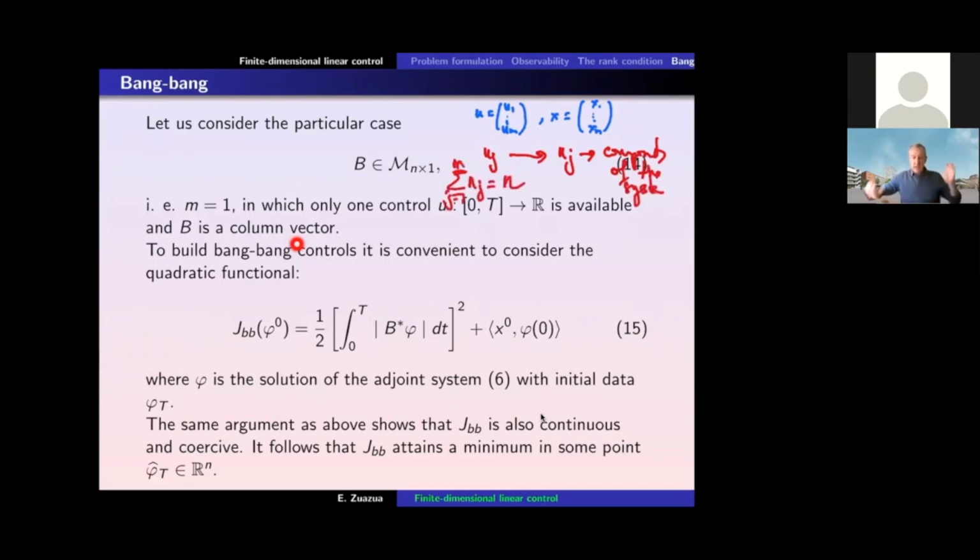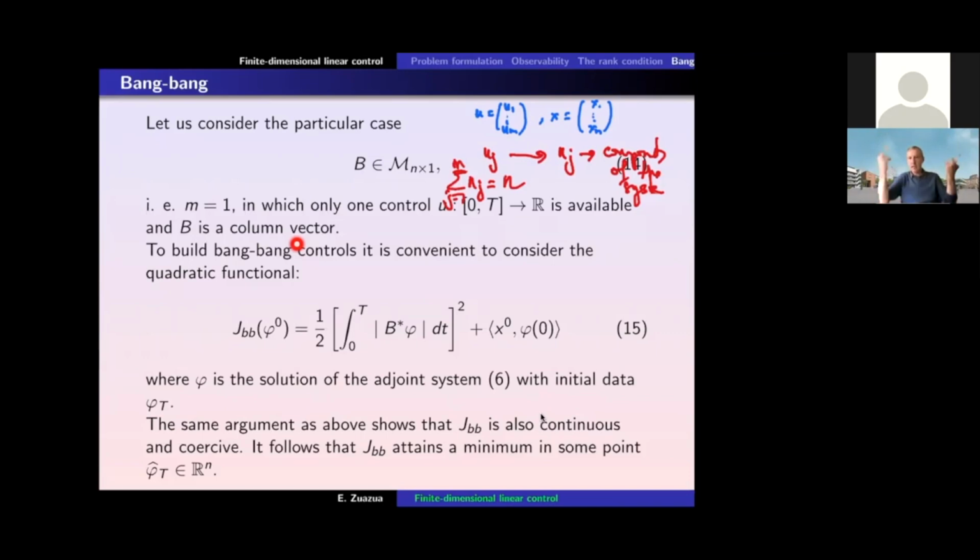Okay, so this is just a very intuitive idea. You have M controls that are controlling all the components of the system, right? It is because each control is taking care of a number of components of the system, and the union of all these components covers the full dimension of the system.